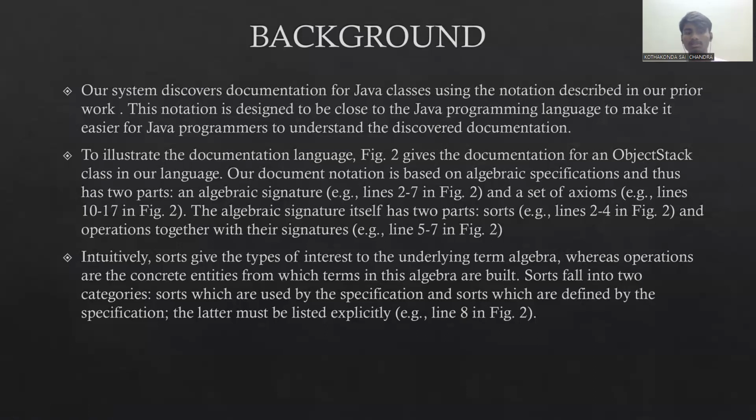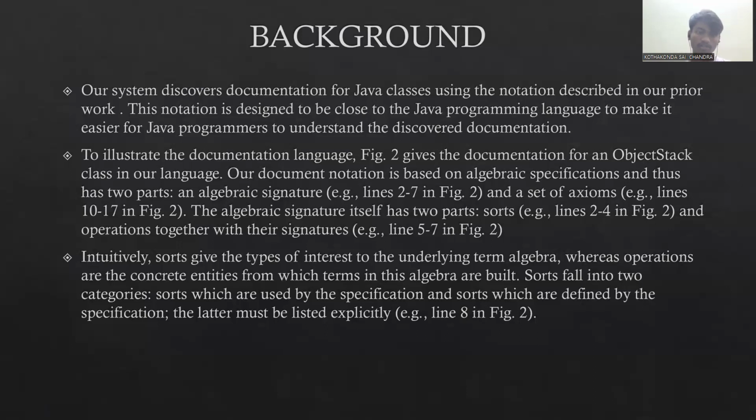Our documentation notation is based on algebraic specifications and thus has two parts: an algebraic signature and a set of axioms. The algebraic signature itself has two parts: the sorts, and the operations together with their signatures.